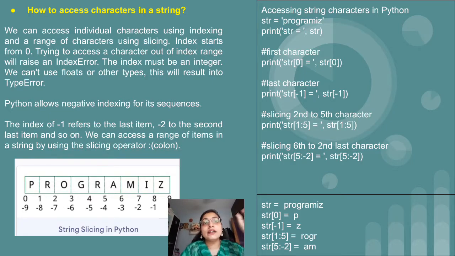In other programming languages we have numbering from 0. Similarly in Python also we have numbering from 0, that is the first letter of your string has index 0, and after that the numbering goes 0 1 2 3 4 5 6 like that till the last character. So this is called positive numbering in Python.